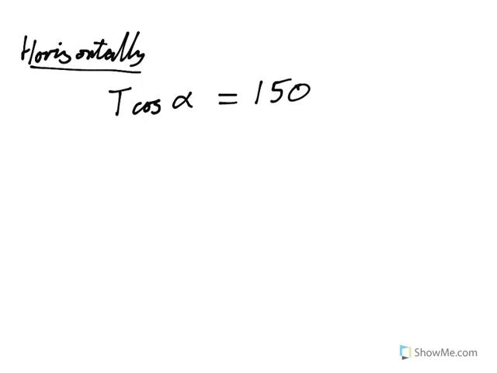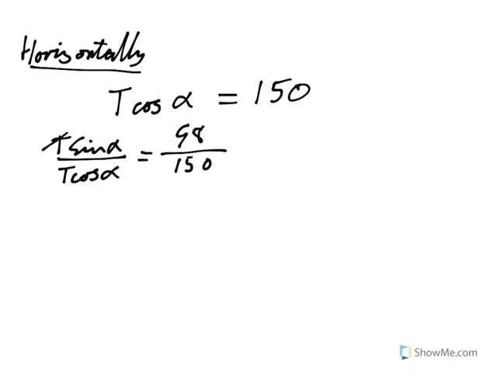So if I take those and I just say that T sine alpha over T cos alpha has got to equal 98 over 150, the T's cancel. Sine alpha on cos alpha is tan alpha, which is 98 on 150.